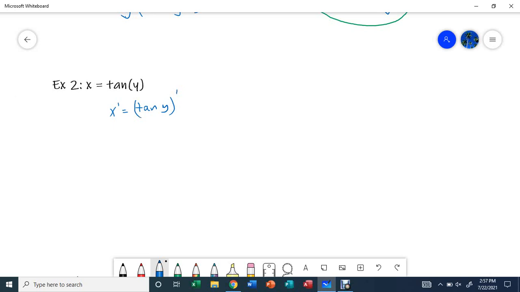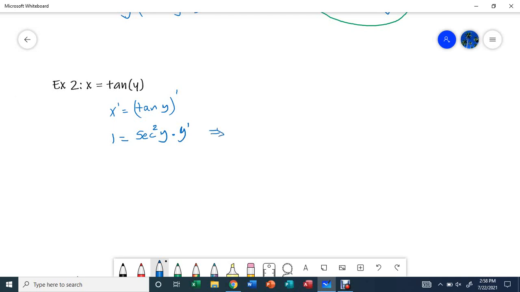So x prime is 1, and the derivative of tangent is secant squared. So secant squared of y, but using the chain rule, because y is a function of x, times y prime.